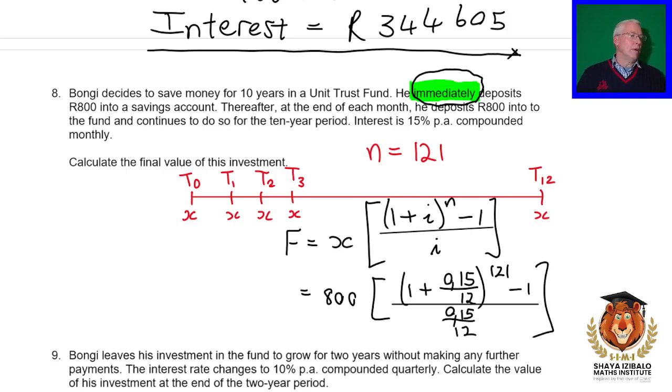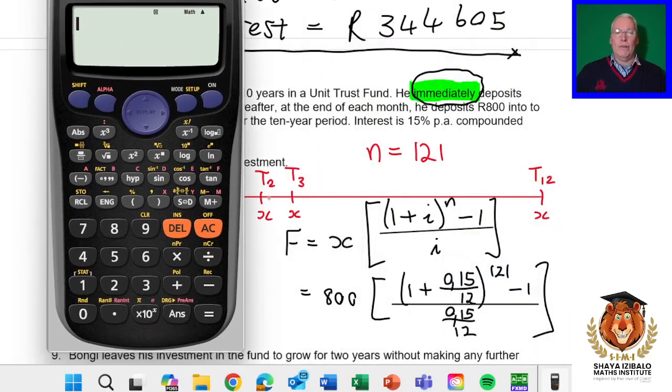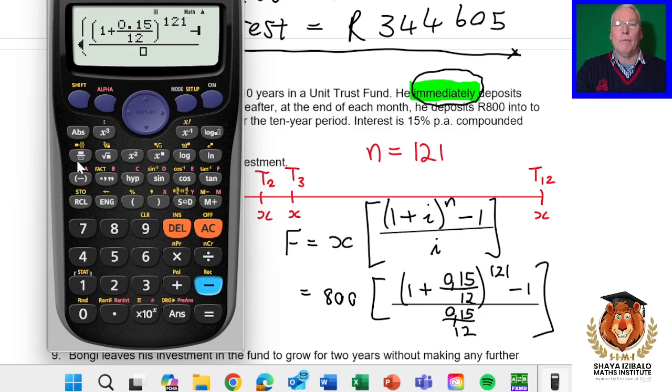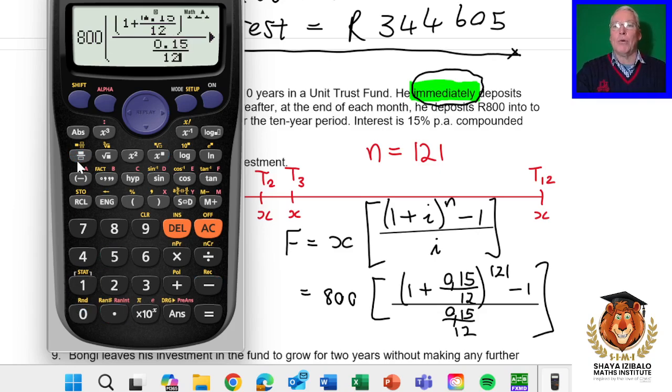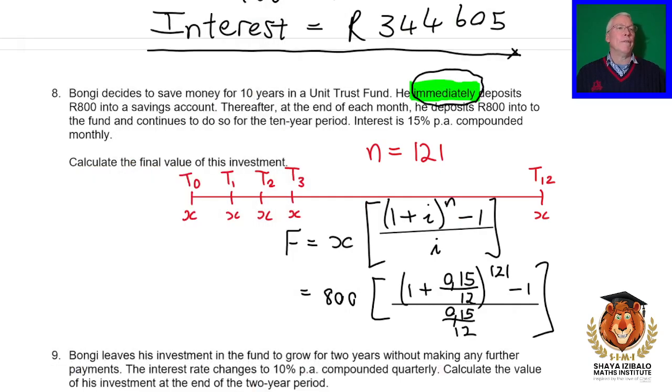So here we go. 800, open brackets, fraction, open brackets, 1 plus 15% over 12, to the power of 121, minus 1, over 0.15 over 12, close bracket, and we get 223,725.82.